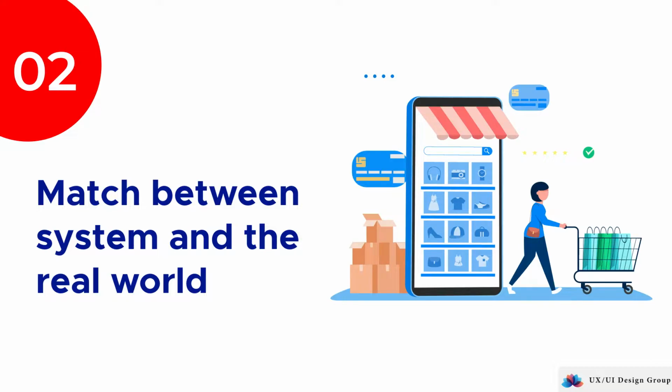Remember one thing, the system should speak the user's language with words, phrases, and concepts which are familiar to the user rather than system oriented terms or technical terms which are very difficult for the user to understand.